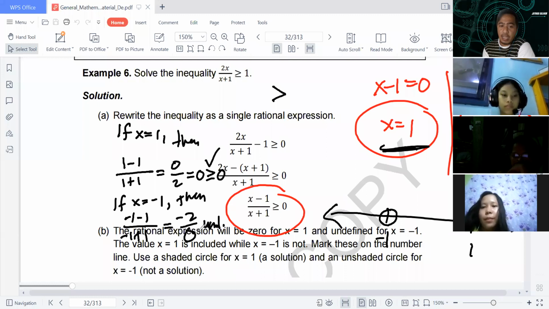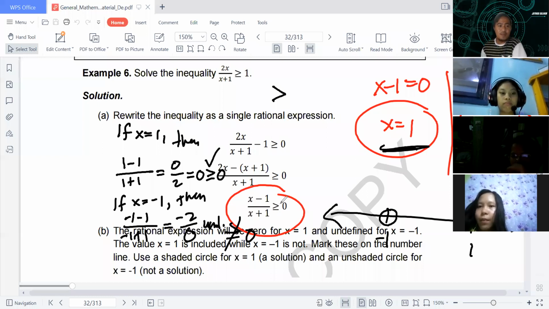And the undefined value is not greater than or equal to 0, right? Undefined. So that is not greater than or equal to 0. So it is not true, right? So this one is not shaded. Just leave it hollow, because it does not satisfy your inequality. Clear?